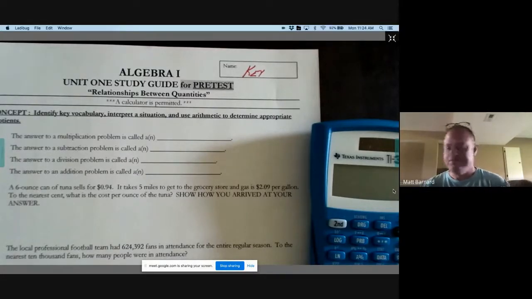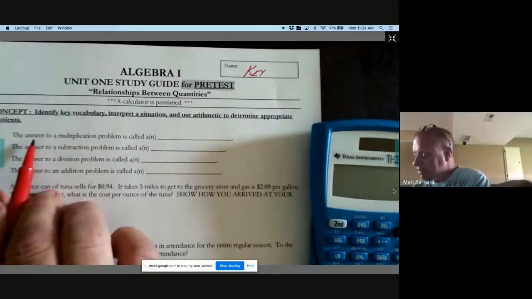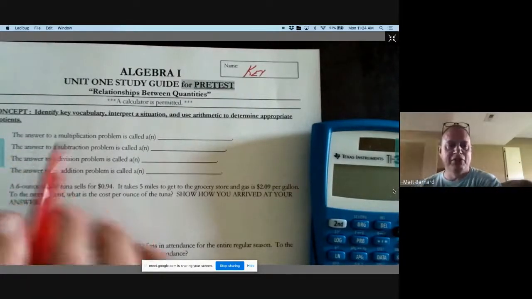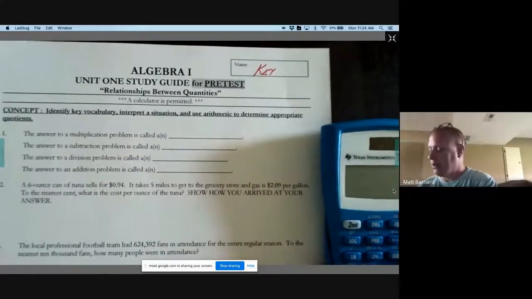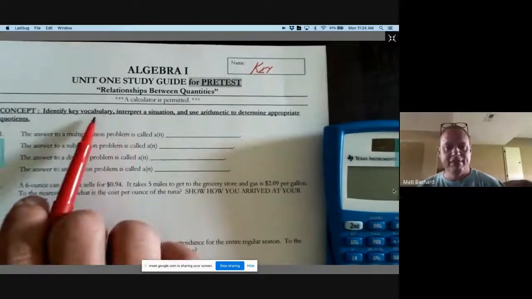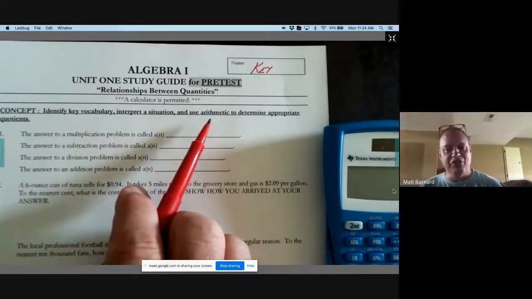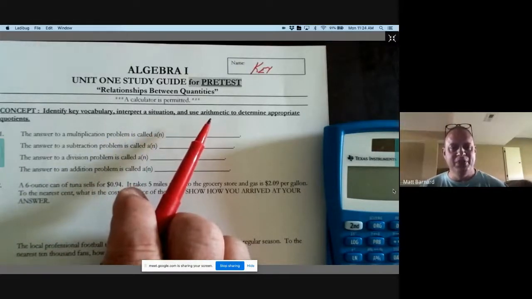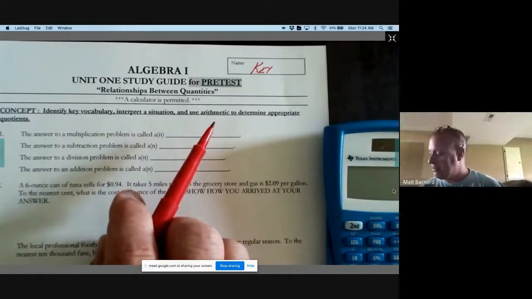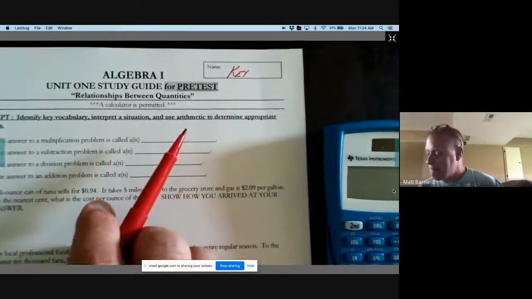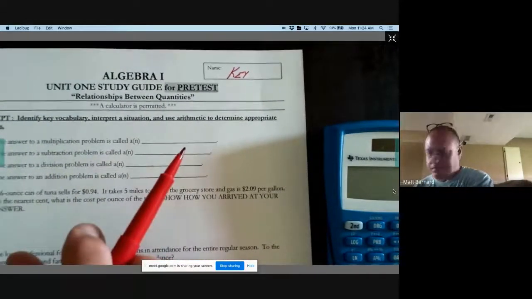Just don't overdo it. So one of the things we want you to do in this first concept is we want you to be able to work with vocabulary. Try to figure out what's going on in a situation and just use some arithmetic to figure out some different things here. All right.